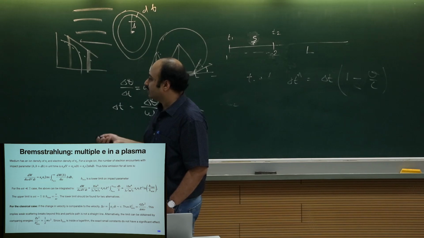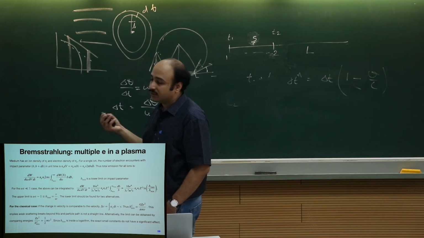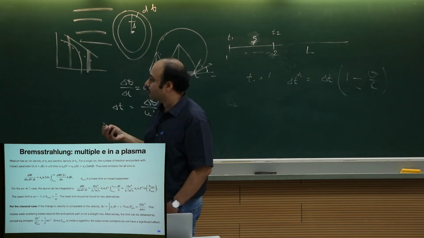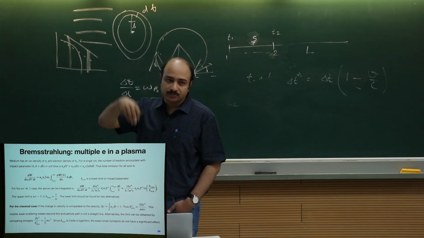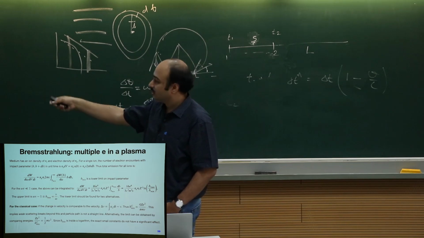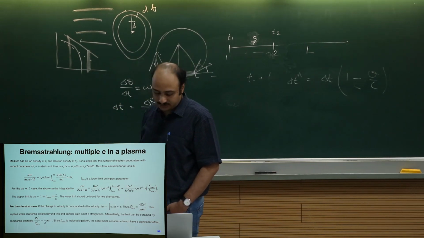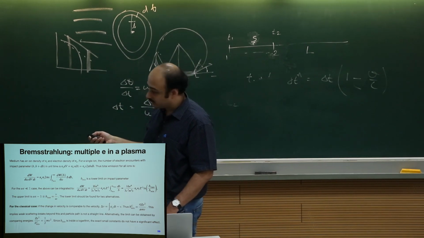The classical limit, I prefer this way of understanding it, is when the energy of the electron is proportional to the Rydberg energy, Z square by b minimum. Z square by b is the potential energy, and that is proportional to the kinetic energy of the electron. So that immediately gives you one b minimum value from the velocity of the electron.